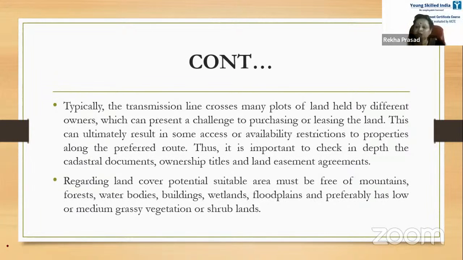Shrublands जहाँ छोटे छोटे थोड़े झाड़ी झंखाड़ जहाँ हो रहे वो ठीक है, मगर हाईली नहीं होना चाहिए, फॉरेस्ट नहीं होना चाहिए, वाटर बॉडीज बहुत ज्यादा नहीं होना चाहिए, हाई राइजिंग बिल्डिंग नहीं होना चाहिए, वेटलैंड्स नहीं, फ्लड प्लेन्स नहीं कि वहां बहुत ज्यादा फ्लड आ रहे हैं उस एरिया में. तो that all this should be avoided when you are selecting the site for your power plant.